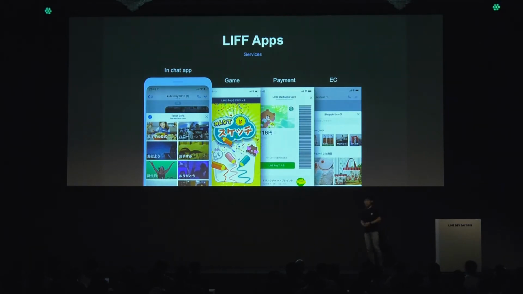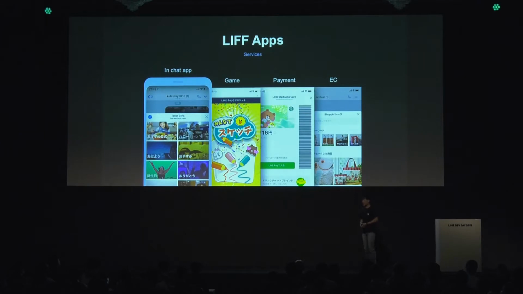So I talked about the history. LIFF in the LINE service has been used in many different services. From the left, as I mentioned, in-chat application. Within LINE, it is for communication, to send GIF animation, and also games, so that user communication has been activated.